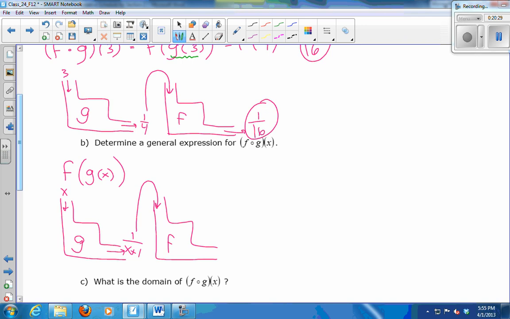And F is the machine that squares things. So if I'm putting in 1 over x plus 1, what comes out after it goes through F? The whole thing squared. So that's my formula for F of G of X, for F composed with G.